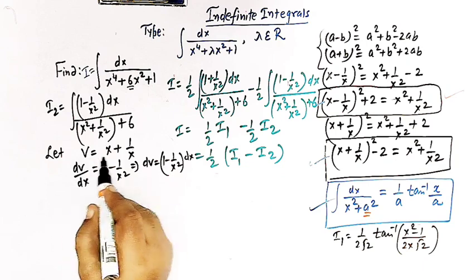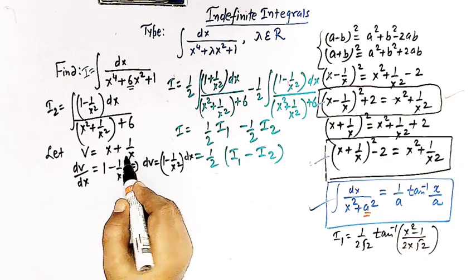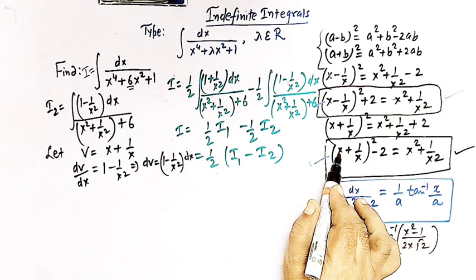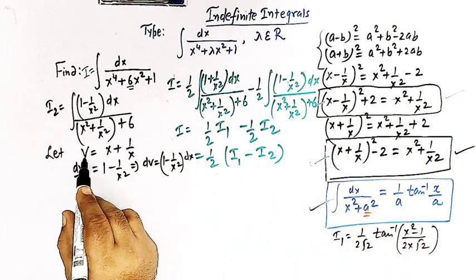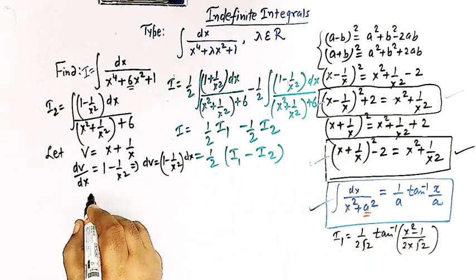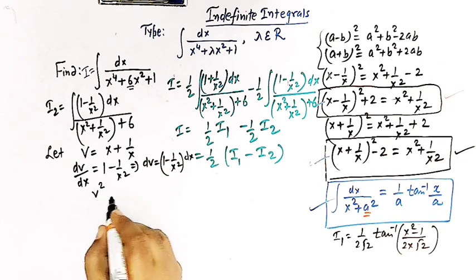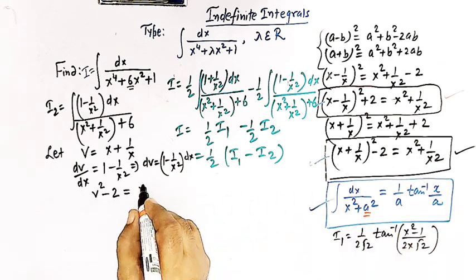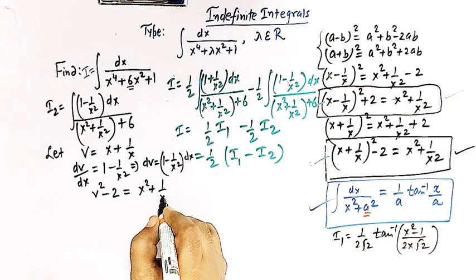And when we have v is equal to x plus 1 over x, we can make use of this result, that is x plus 1 over x whole square is v square. So here we have v square minus 2 is equal to x square plus 1 over x square.